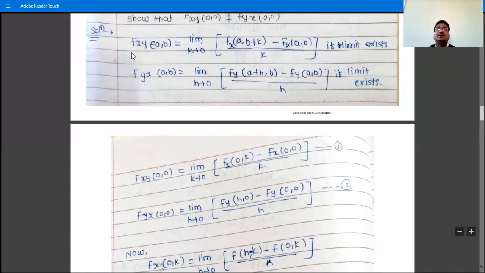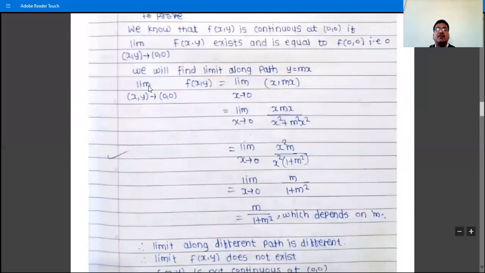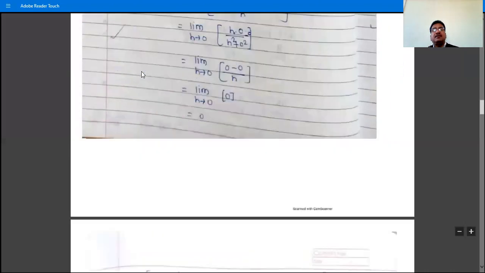So either take this meaning of this quantity as the derivative of fy with respect to x, or the derivative of fx with respect to y. Here the meaning is the derivative of fx with respect to y, and the meaning of this is the derivative of fy with respect to x. So what is the change? This is the definition of the derivative of f with respect to x at ab. And fxy means the derivative of this quantity.